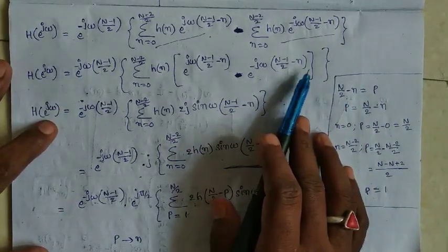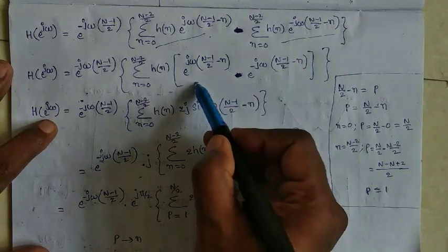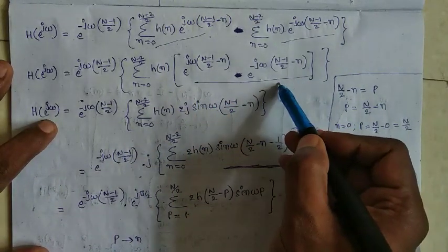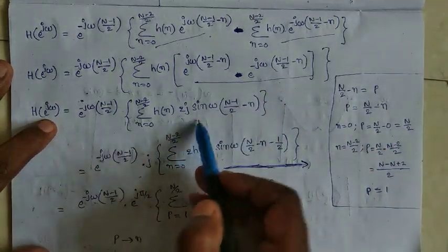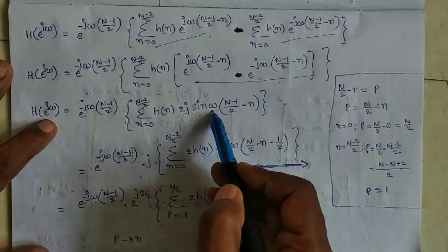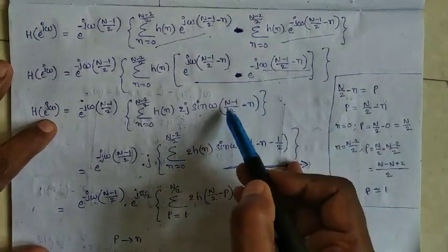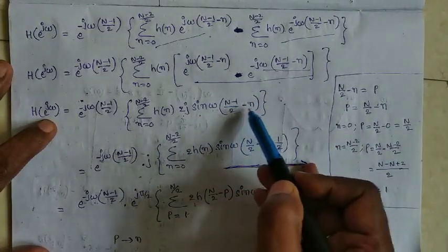Which is equal to 2j sin theta. 2j sin theta, where the value is omega of ((N minus 1) by 2 minus n).